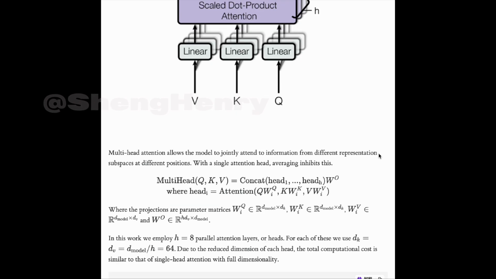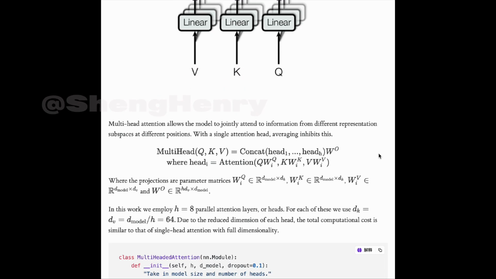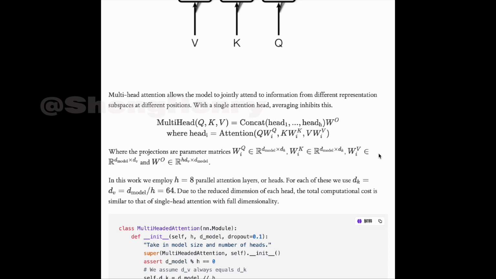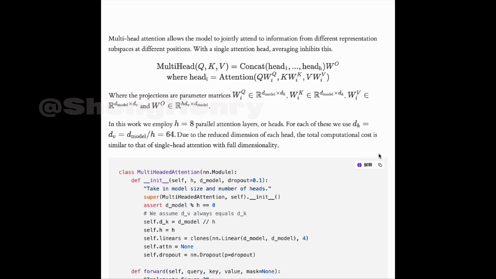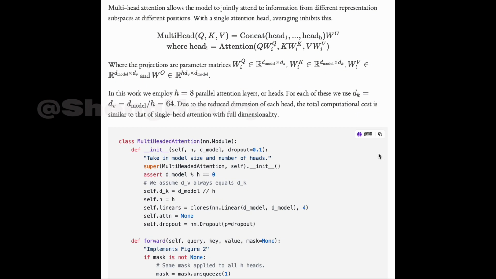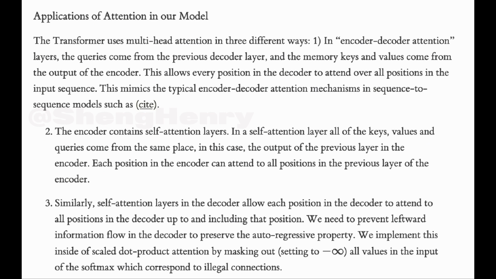To further enrich representations, transformers employ multi-head attention, which splits queries, keys, and values into multiple heads. Each head learns different aspects of relationships within the data, allowing for a more nuanced understanding compared to single-head attention.